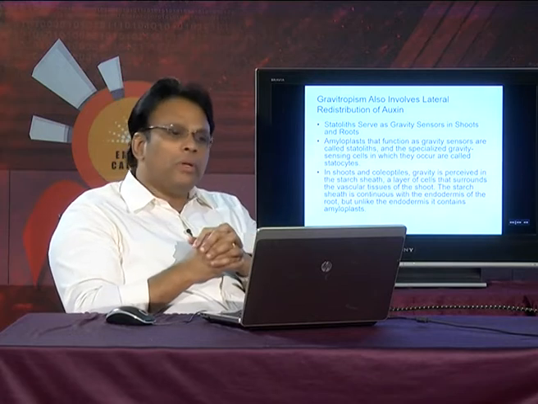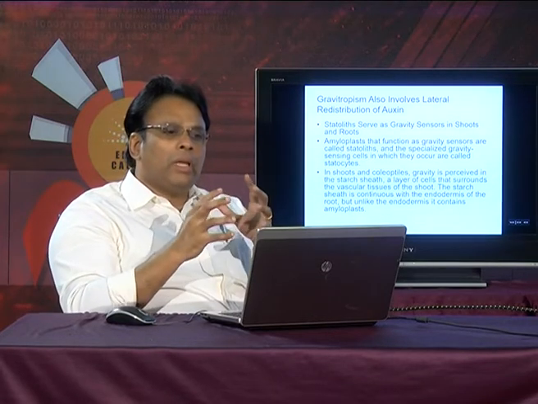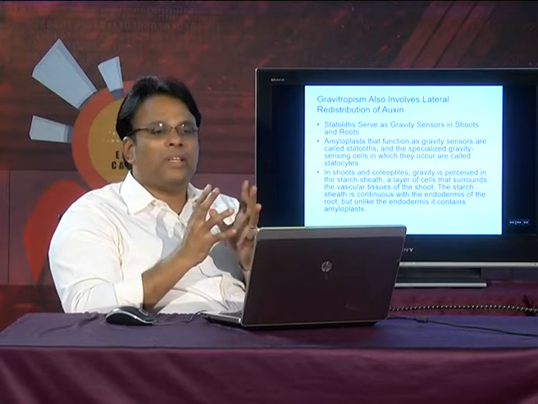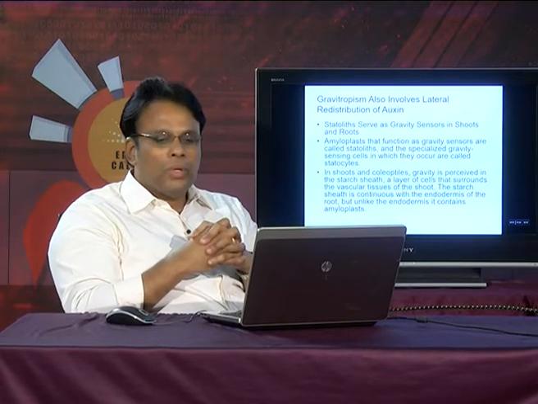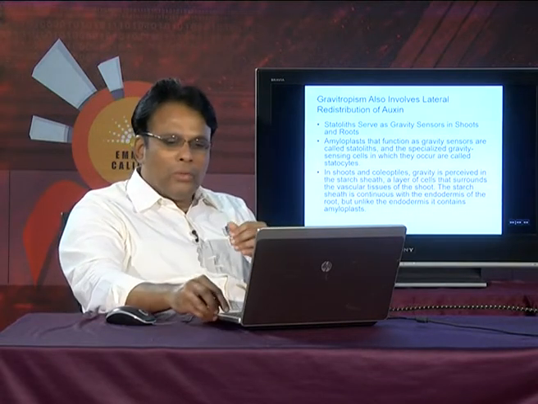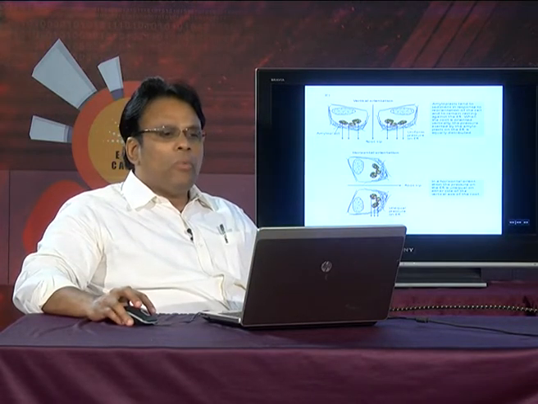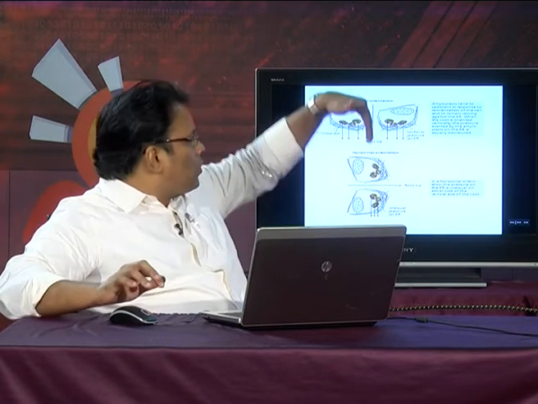Coming to the case of gravitropism, statoliths serve as gravity sensors in shoots and roots. I will go directly to the picture, which will be more descriptive. Here you can see the normal vertical orientation of the root.